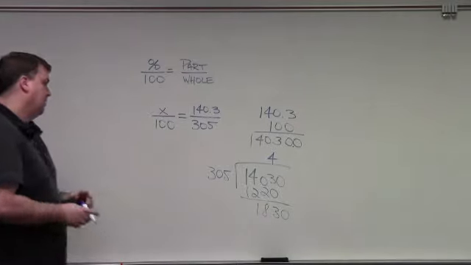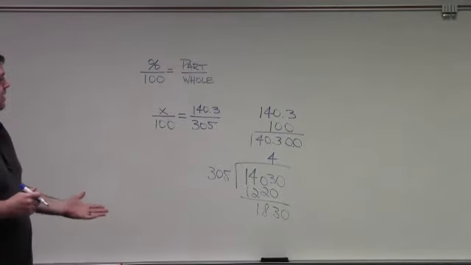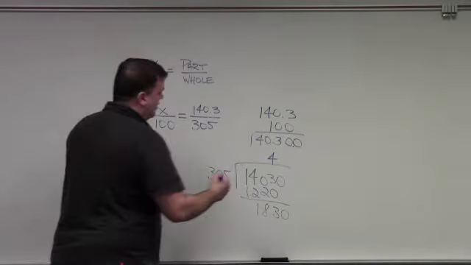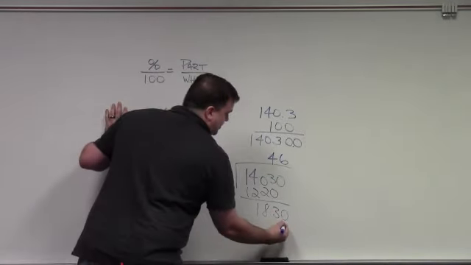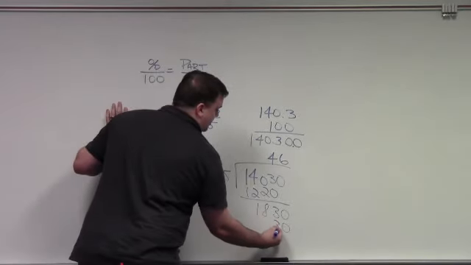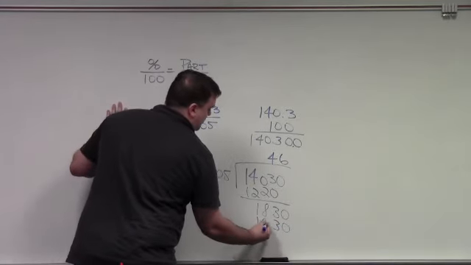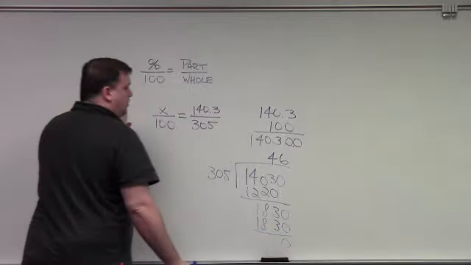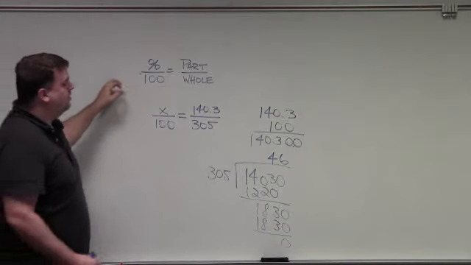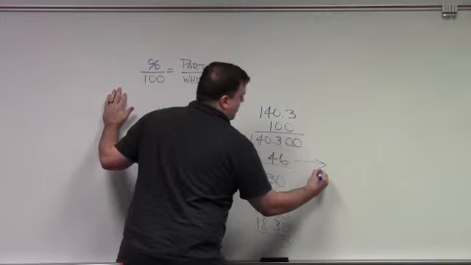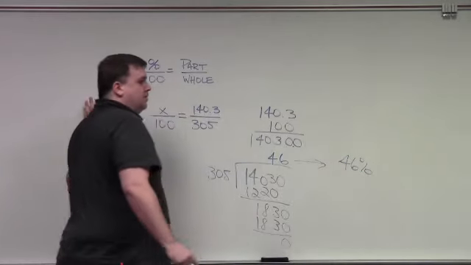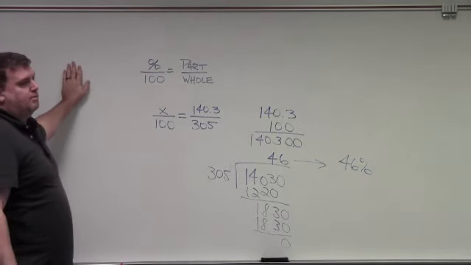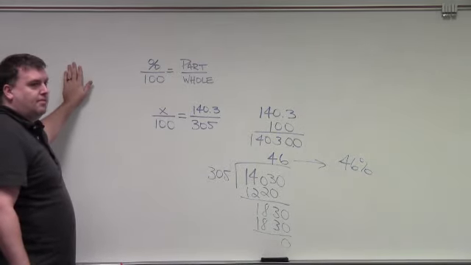And then when I take 305 and divide it into 1830, it goes in there evenly 6 times. So my answer, since we were looking for a percent, is whatever this number is right here. My answer is 46%. You don't have to worry about moving the decimal 2 places to the left, remembering whether it's 2 places to the left or the right. Just whatever that division is, that is your answer.